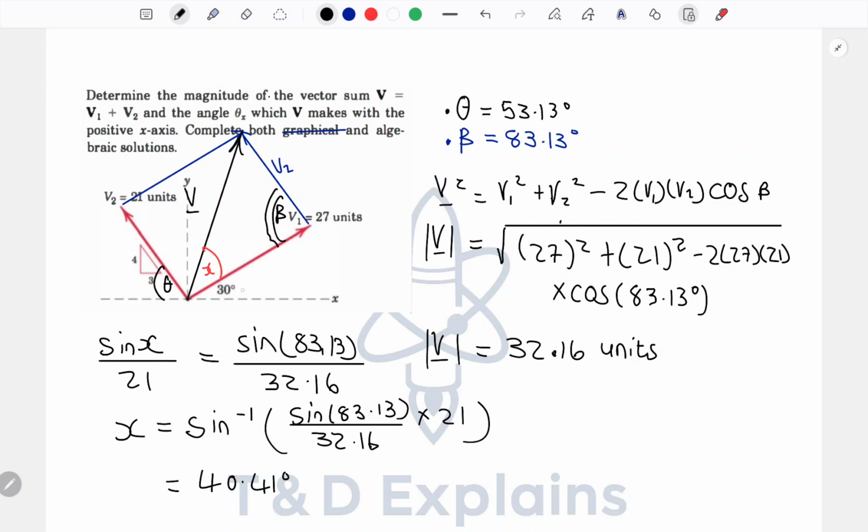Now the angle that is made with the axis, theta x, is made up of x plus 30 degrees, and we found this to be 40.41 plus 30, which gives us 70.41 degrees. And that's how you do the question.